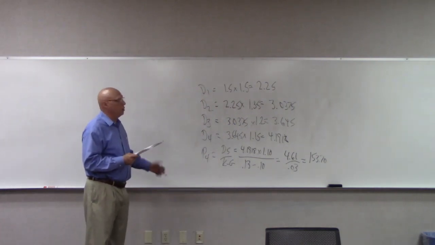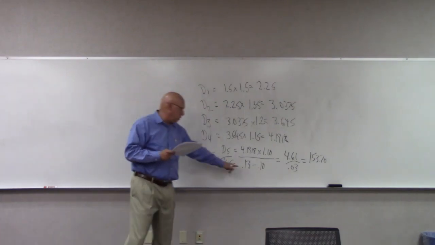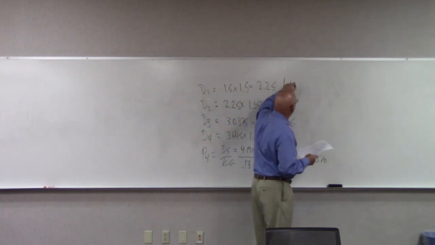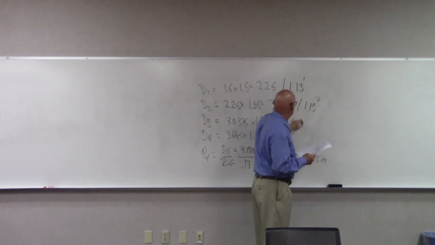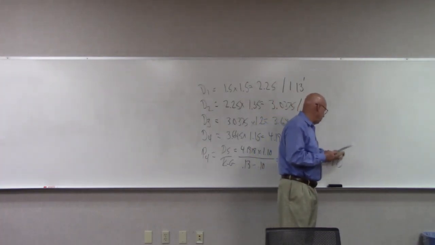We found our cash flows. Now we have to find the present value of our cash flows using this discount rate. Divided by 1.13 to the first, divided by 1.13 to the second, divided by 1.13 to the third, and divided by 1.13 to the fourth, and divided by 1.13 to the fourth.